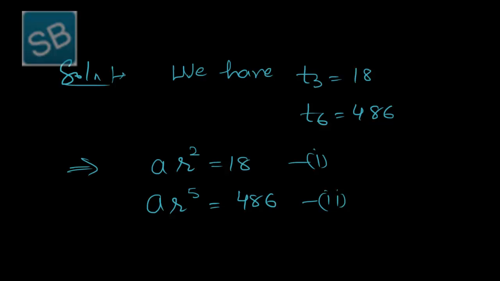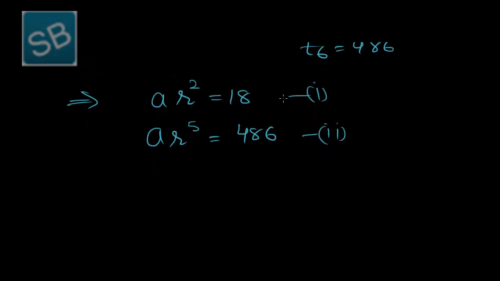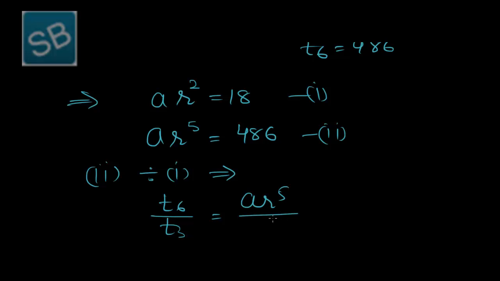Now in such type of problem, we will divide. So divide second by first, that gives T6 over T3, that is AR^5 over AR squared, equal to 486 over 18.